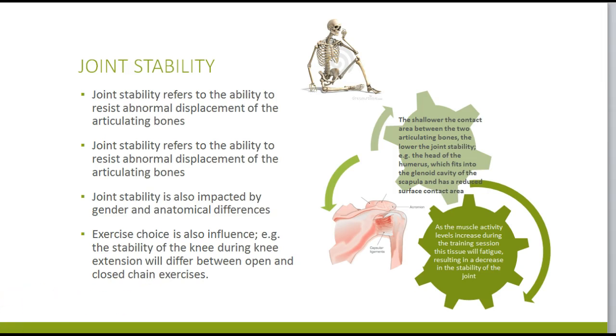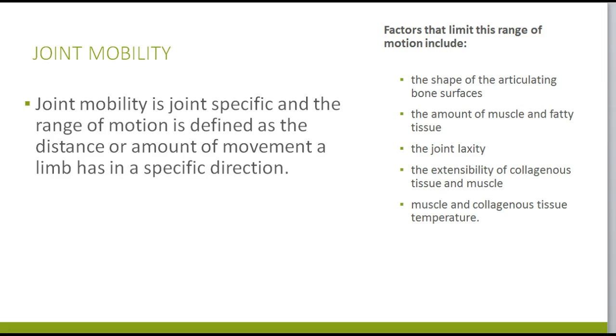Okay, so I think that's all on that slide. Let's have a look. Joint mobility, or range of movement, is defined as the distance or amount of movement a limb has in a specific direction.